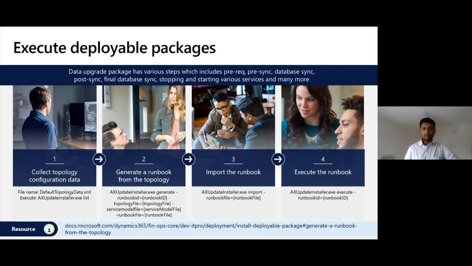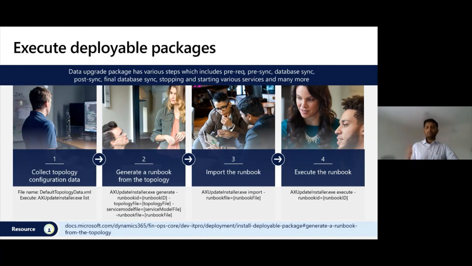And for you to do the command line, you'll have to go through a step that is described in this slide. The deployable package can be deployed using the command line. And for us to do that, first, we'll have to collect the topology of the environment. We have to generate a runbook, import the runbook in the environment, and then execute the runbook.